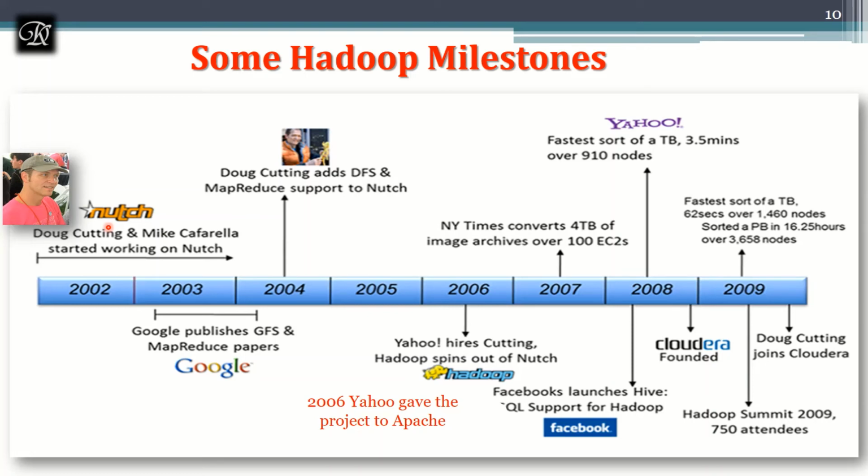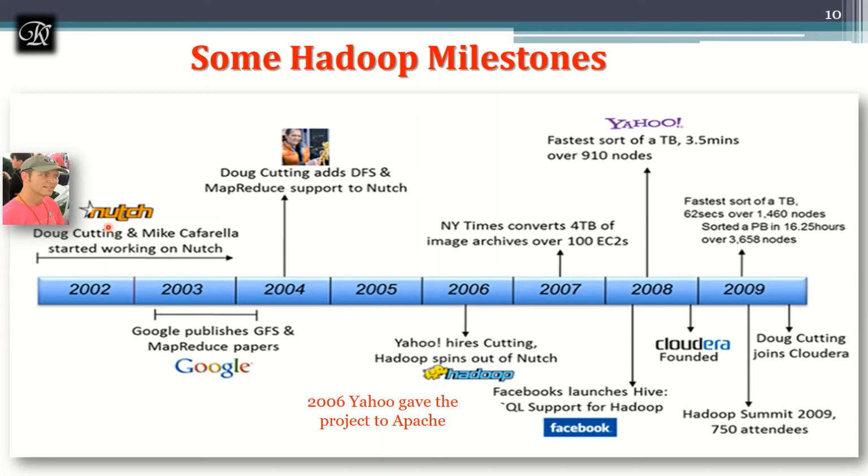We have Bing and others, but we choose Google. Similarly, in 2002, Doug Cutting and Mike started the Nutch search engine, where they implemented this Hadoop concept, but they did not call it Hadoop.